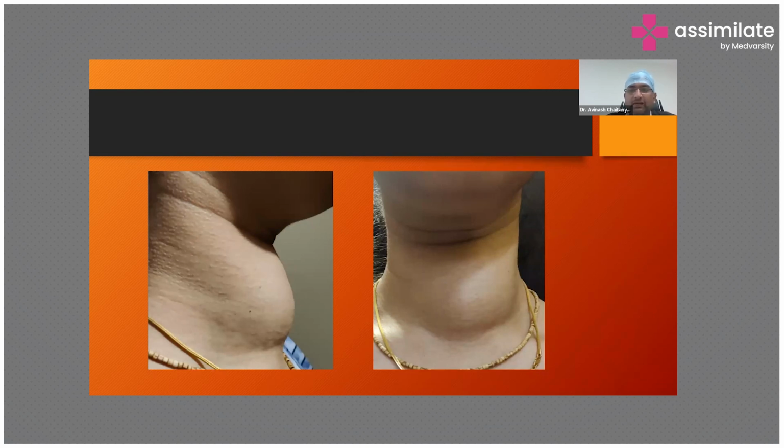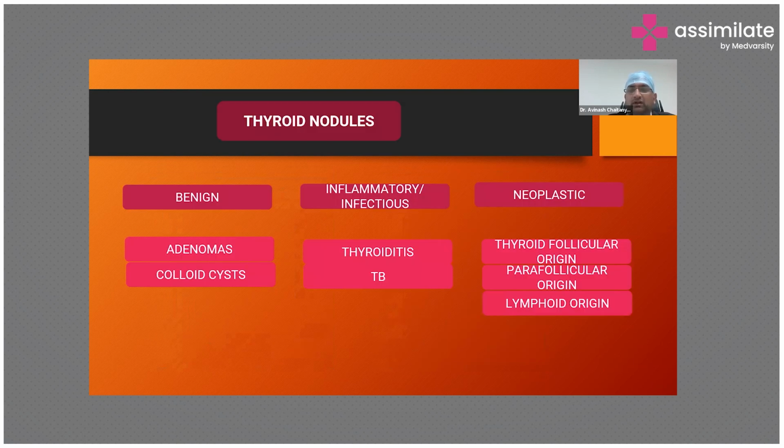So, ideally speaking, what are the things which can cause a thyroid swelling? It could be benign, which is an adenoma or a colloid cyst, which are nothing to worry about unless they become big and require a surgical intervention.